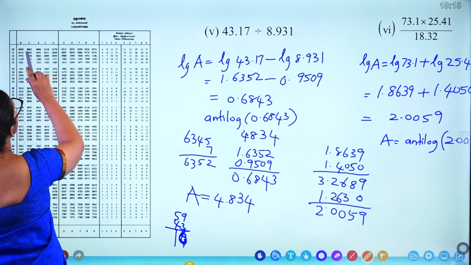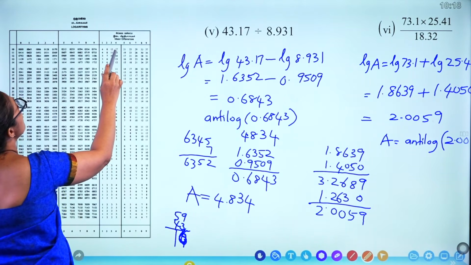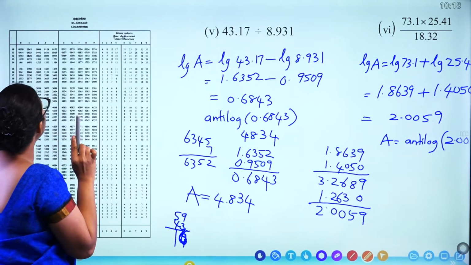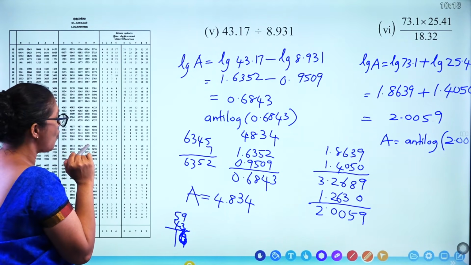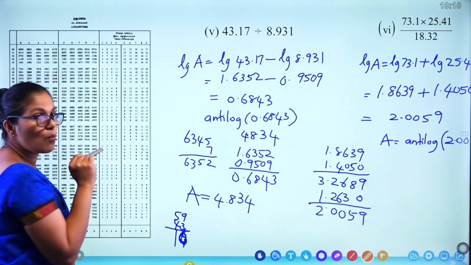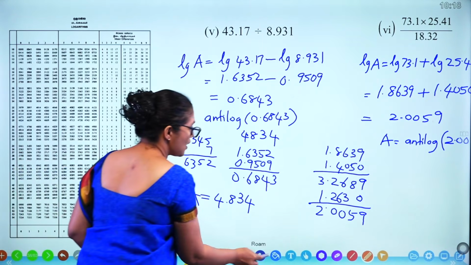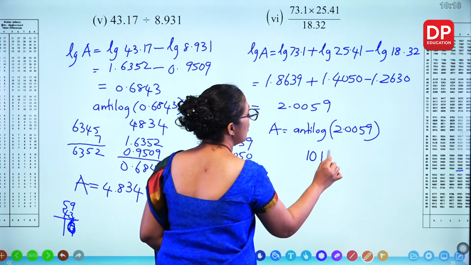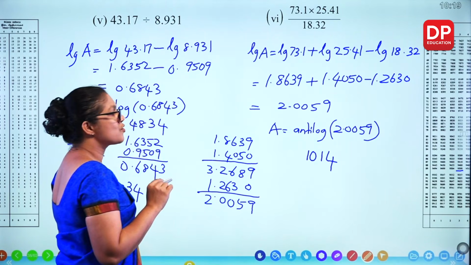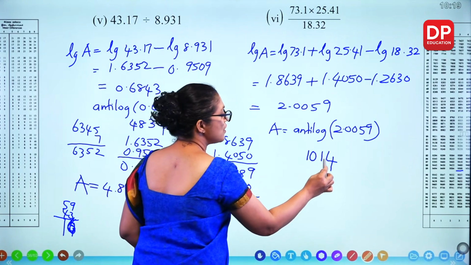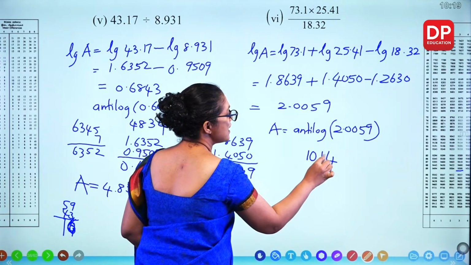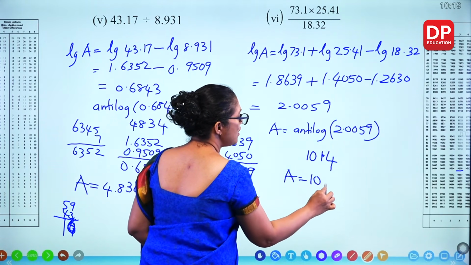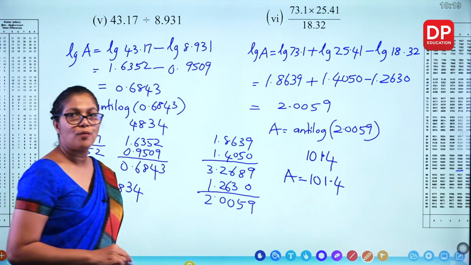So another 16 you can get from the closest value, 4. 10, 1, 4. So the answer is 10, 1, 4. And the characteristic is you're moving 2 places to the right. So the decimal point is here. So the answer is 101.4.